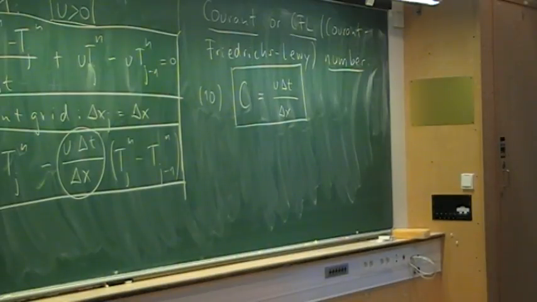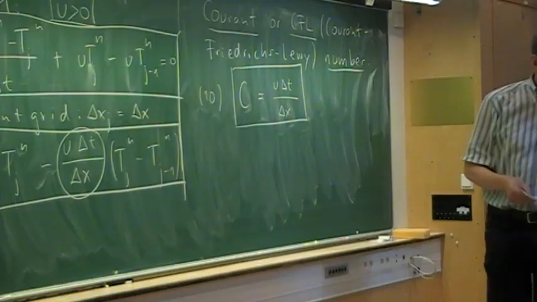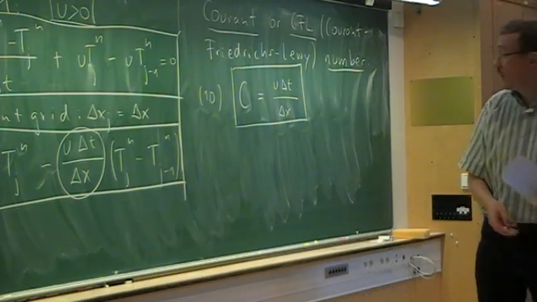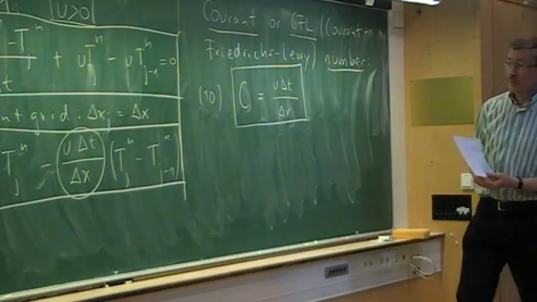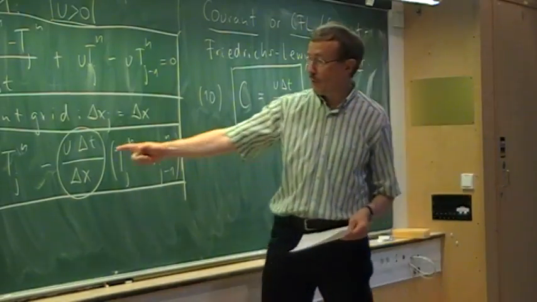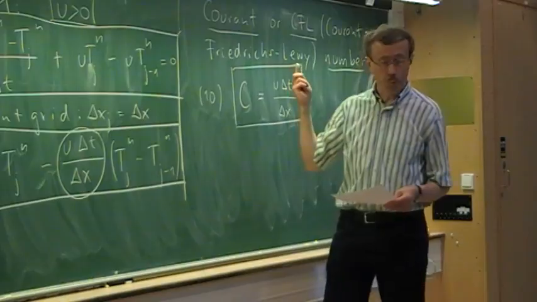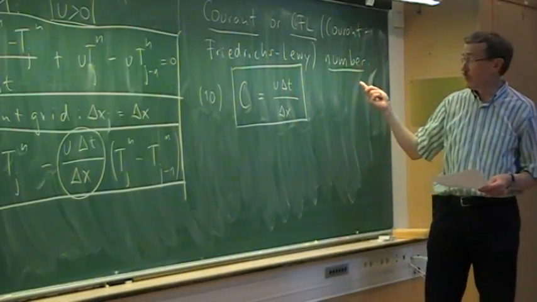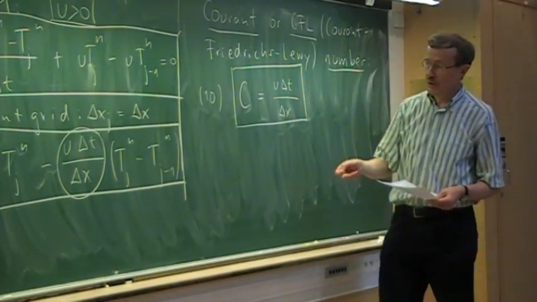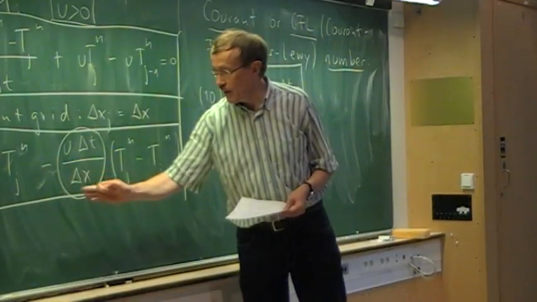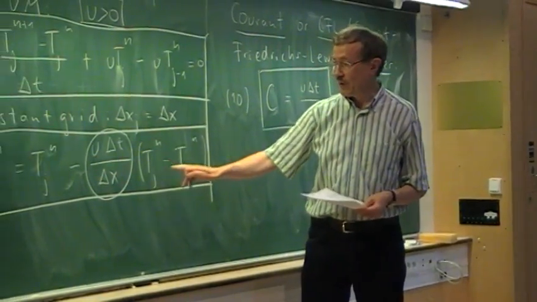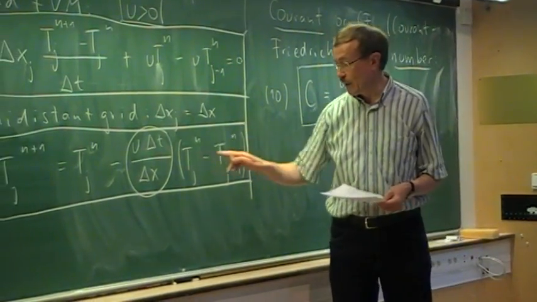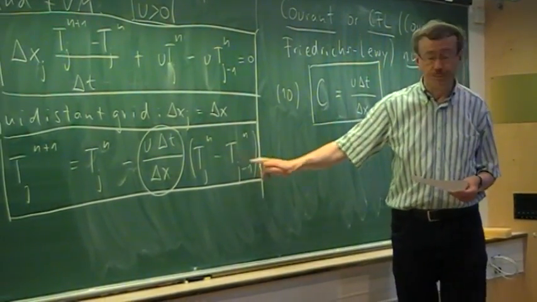But in our case, now u is positive. So now we can just write a C here. We need to compute the Courant number in the beginning. And then we have T_j, which is actually 1 minus C times T_j, plus the Courant number times T_{j-1}.